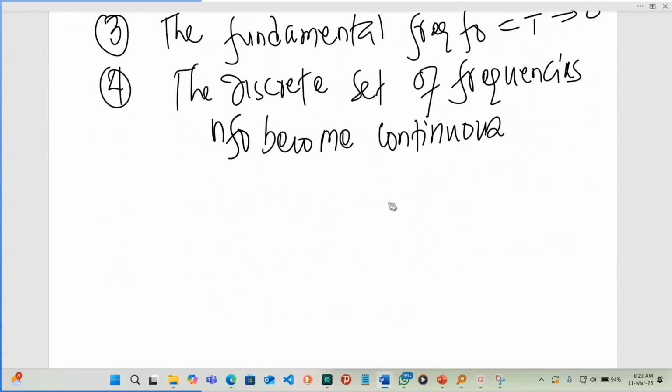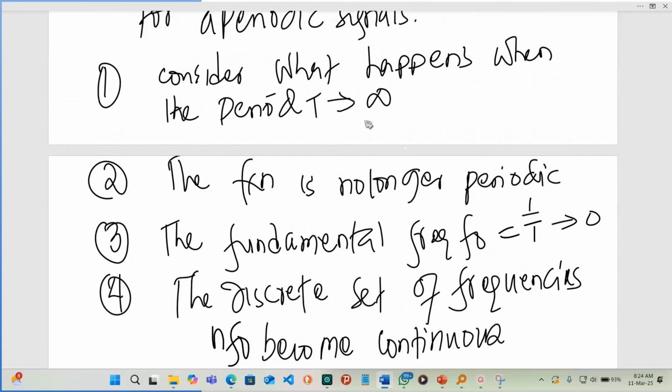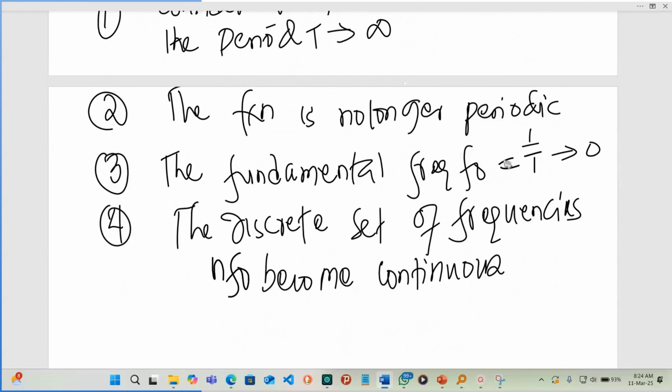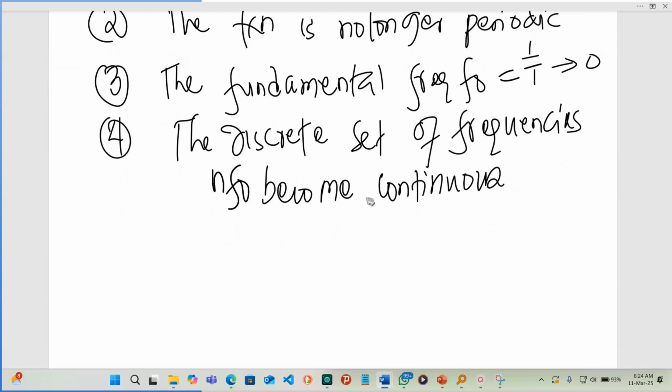In other words, in a Fourier series we had discrete frequencies, but as this period T goes to infinity, the signal is no longer periodic. The fundamental frequency is going to 0, and we are no longer going to have discrete frequencies.